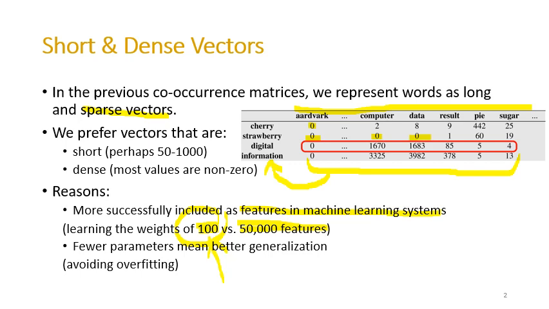Remember, when we have too many parameters, when the model is overly complex, then usually it will not generalize well to other data because it overfits the training data. So to summarize, we like this word2vec approach because it results in shorter and denser vectors, such that when we apply it to machine learning systems, it is usually more successful and it avoids overfitting.